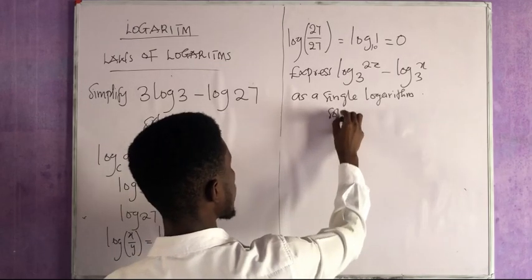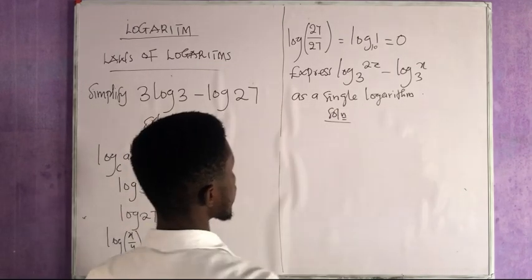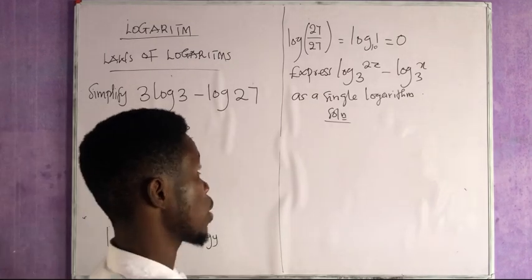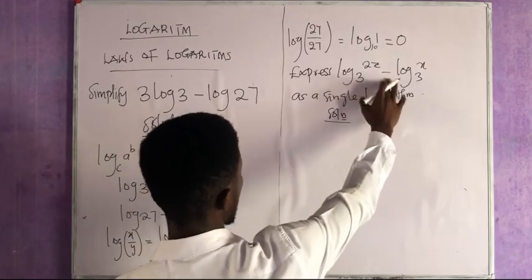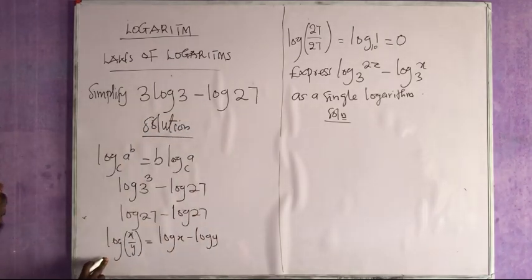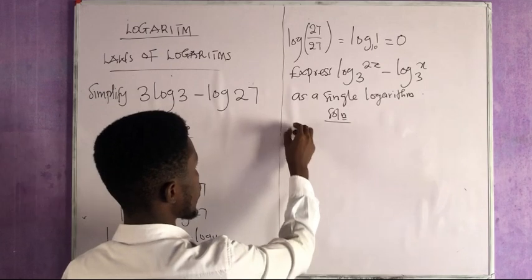So let's see how we express this as a single logarithm. If I want to express this one, I have to apply the laws. This one is just subtraction, so it means you are going to apply this law here. So let me rewrite my question.